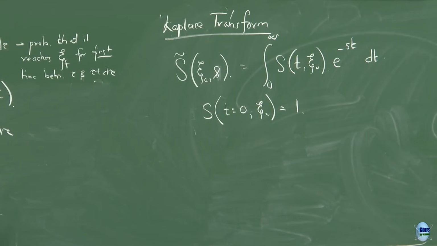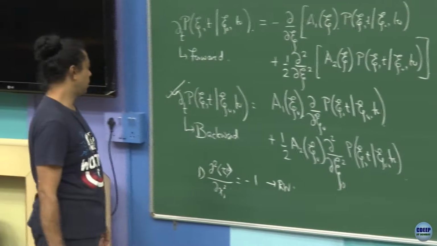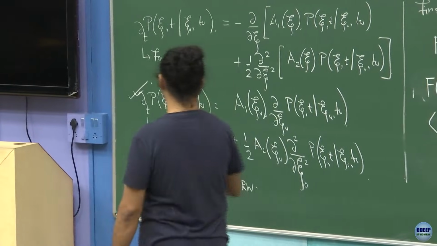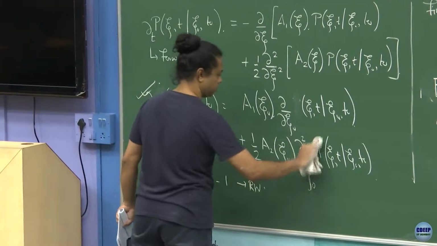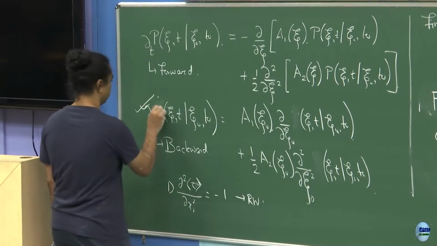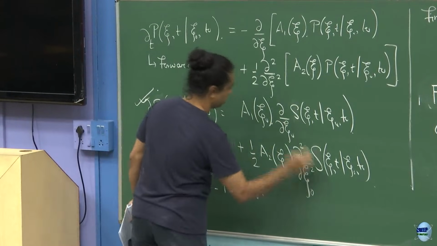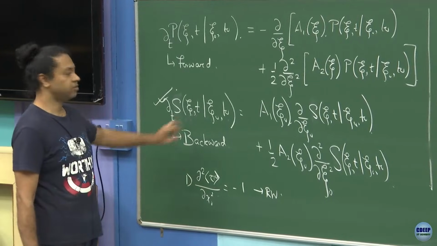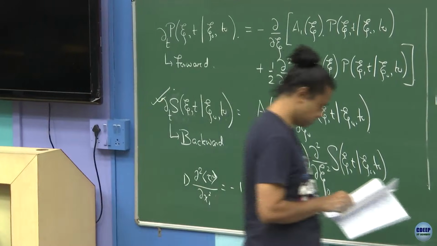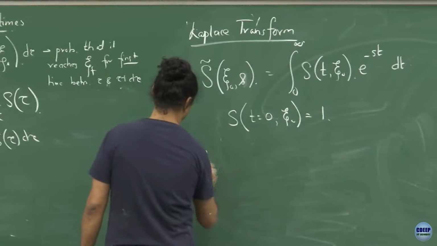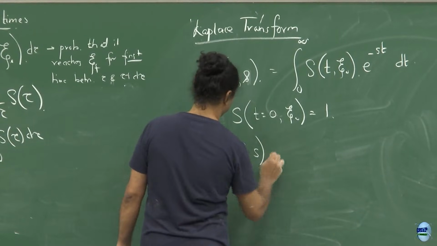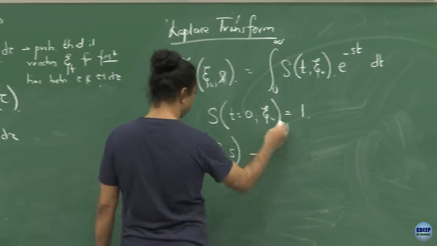And then I do a Laplace transform of the equation that the survival probability obeys. On the left hand side, I will get small s times S tilde of xi naught comma s minus S at time t equal to 0, which is 1.